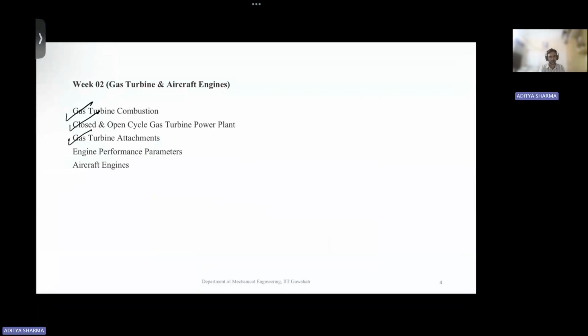Then there are your engine performance parameters. So a lot of parameters have been discussed.